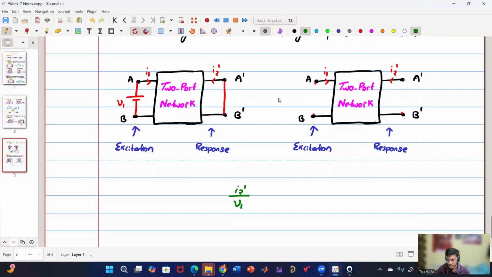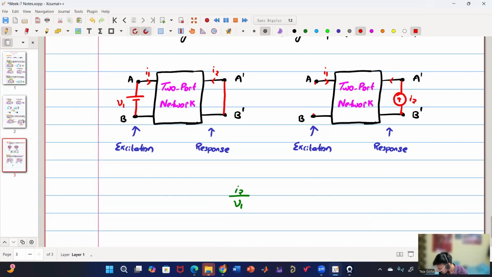Let us excite it with some current source I2. Let us change the naming. Say this is I1, I2. So I2 by V1 is equal to, here the current is I2 dash that we are exciting.